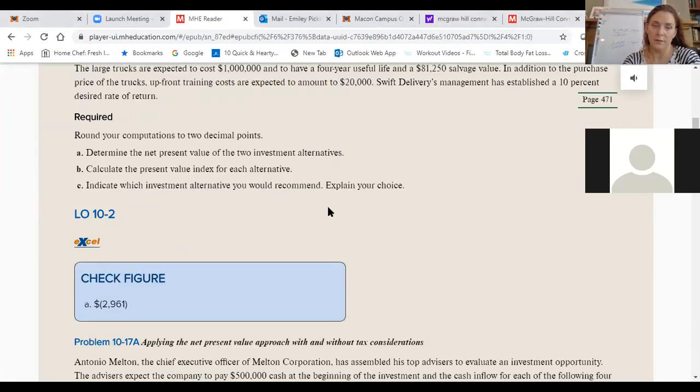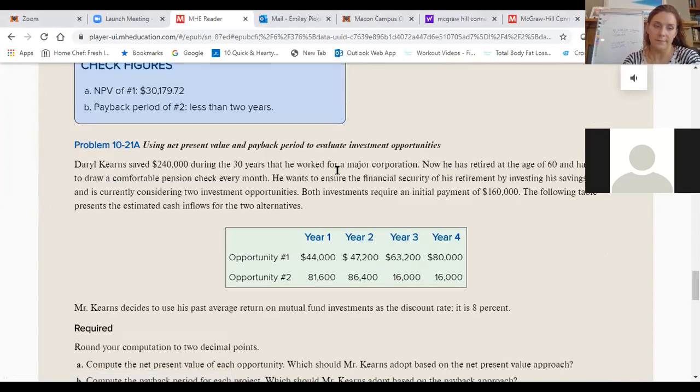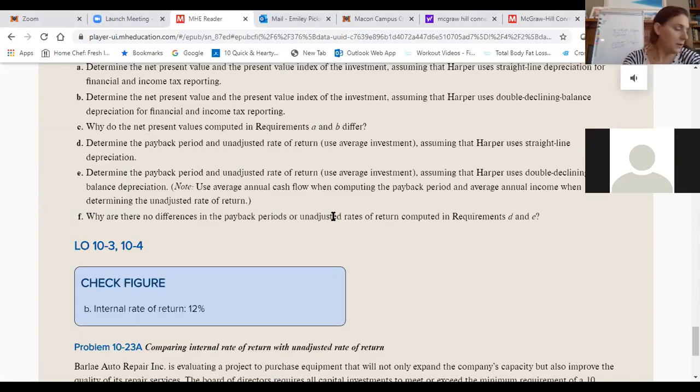Questions? Okay. So the next one I want to do is one that does not have the even cash flow numbers, which is 13.